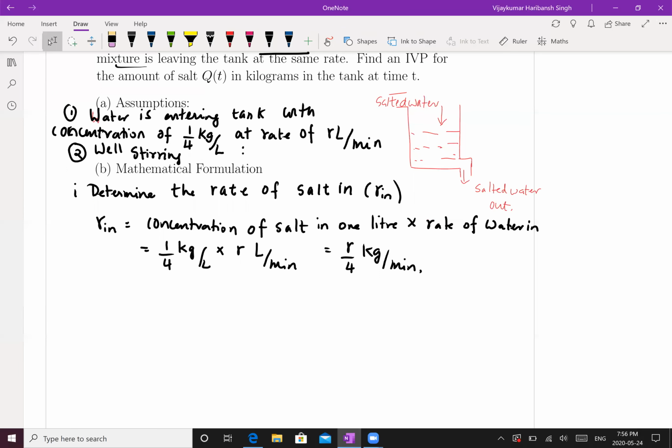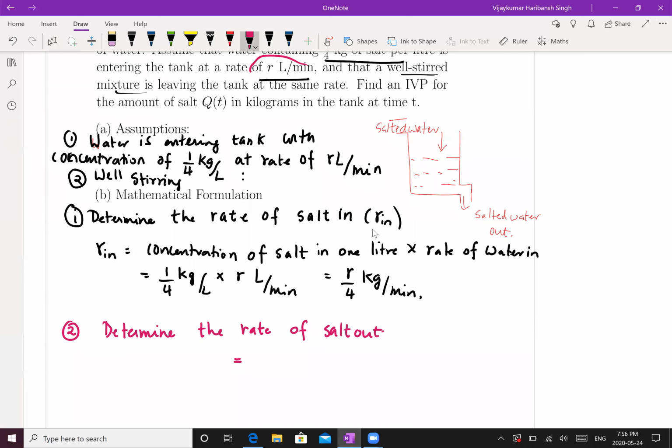Now let's determine how much salt is leaving the system, the rate of salt out. The rate at which the water is leaving is the same as the rate at which the water is entering, right?